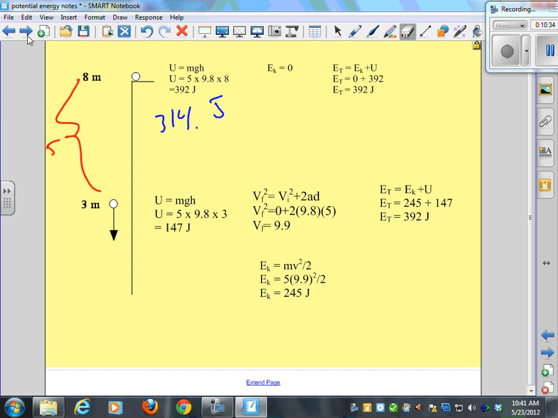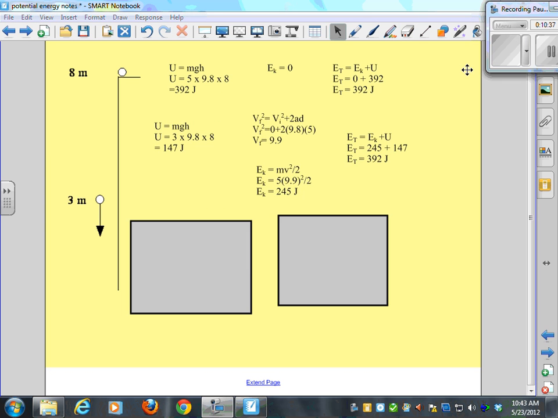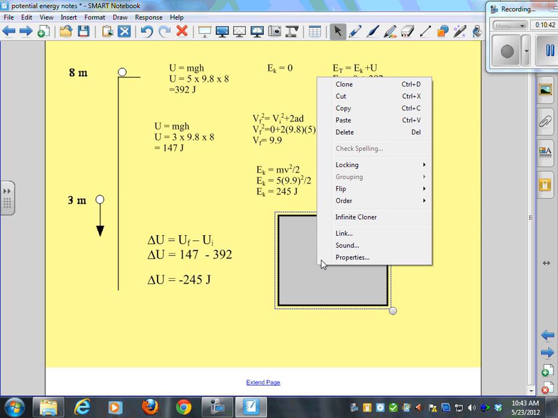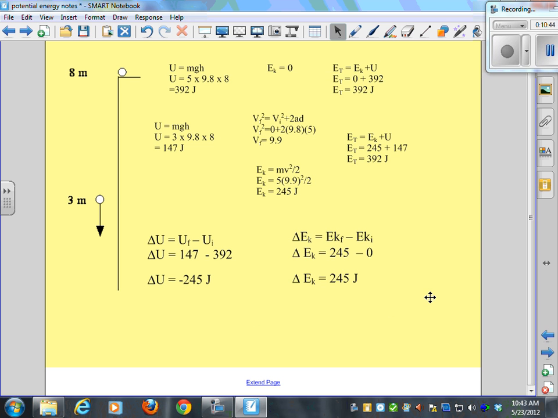Good? Okay, I'll pause for a moment. All right, so the last little bit here, on the left-hand side I've got delta U, which would be the change in potential energy, UF minus UI, final minus initial. So I ended up at 147, I subtract 392, I lost 245 joules of potential energy.